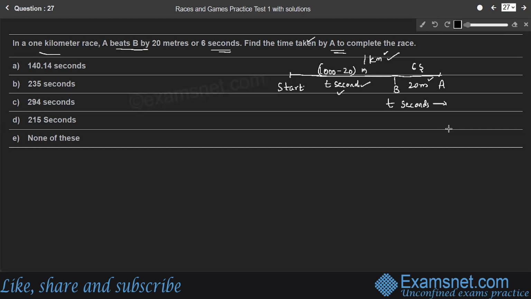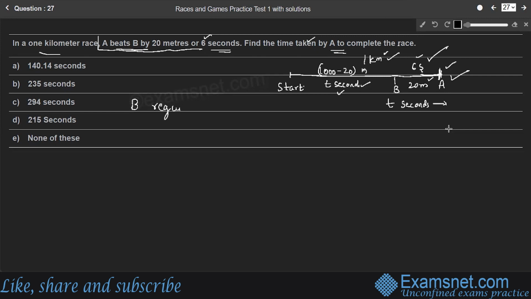How to find that? For that, we need the speed of B. How to find B's speed? By the given information, A beats B by 20 meters or 6 seconds. That means B requires 6 seconds to cover 20 more meters of distance to reach the destination, right?